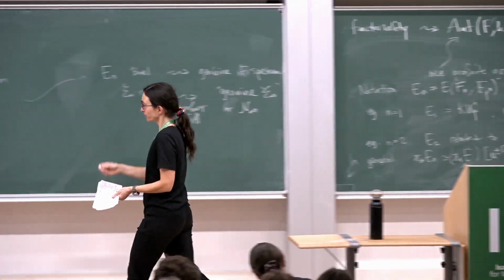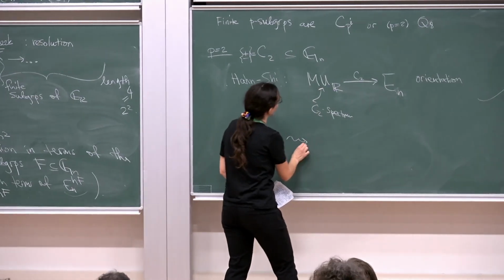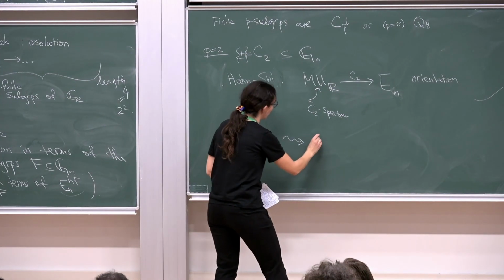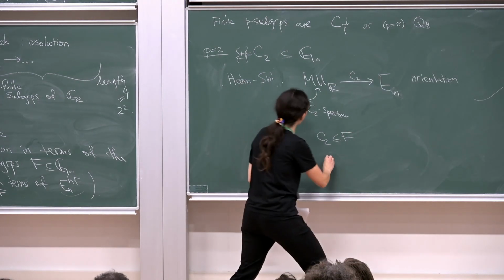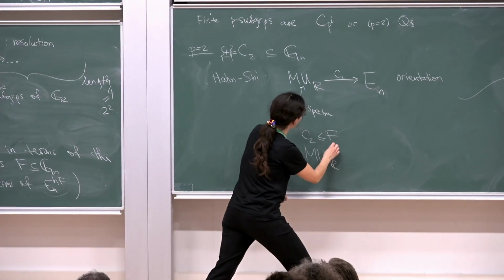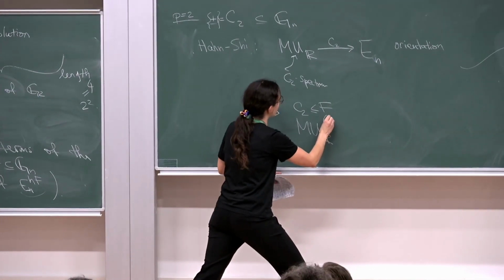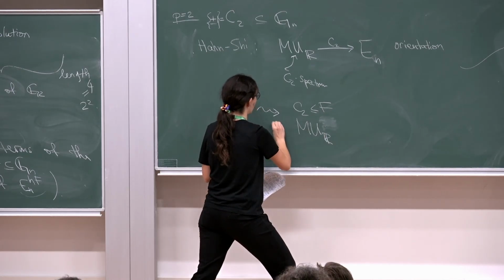finite G-sets. So what that gives in particular here is, if C2 is a subgroup of the finite group F, then there's this MUR normed up to F. Maybe I should just write that.